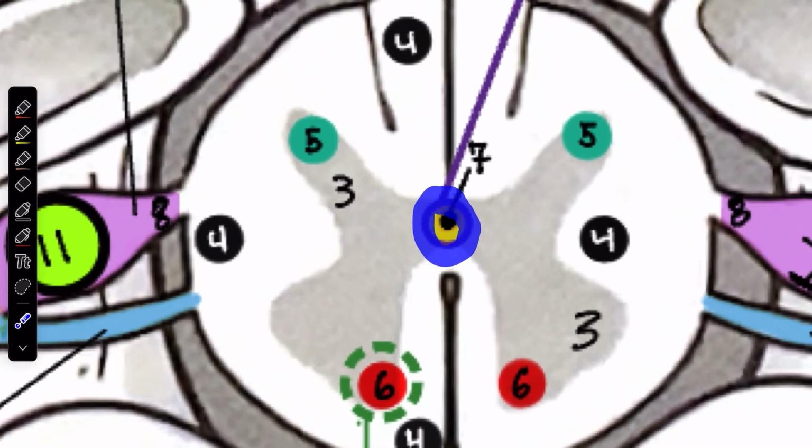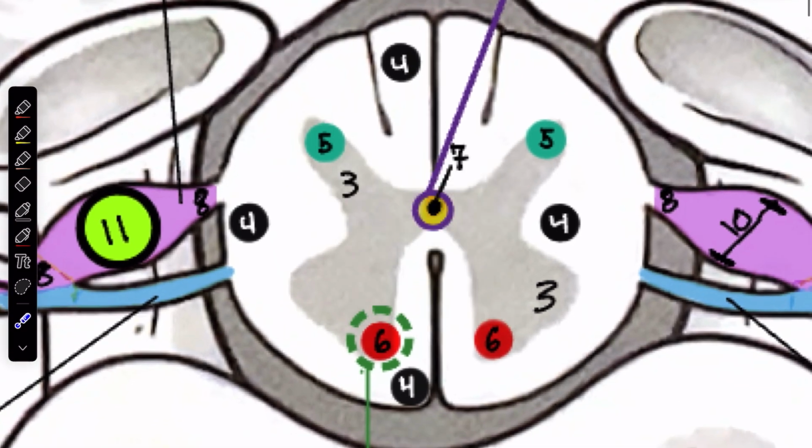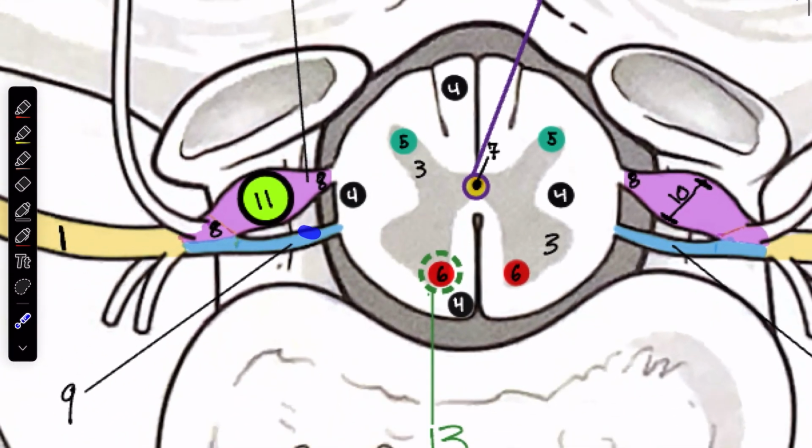That wraps around number 7, going down the spinal cord. 13 is the cell body for the motor neuron. So that motor, that's exiting, that efferent, that cell body is sitting right here inside the spinal cord, right where that dorsal horn is.